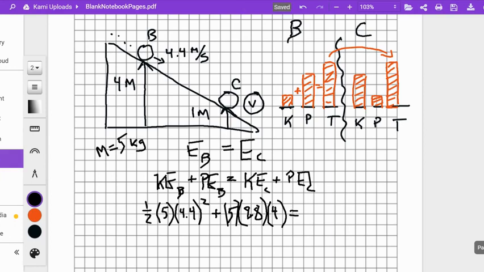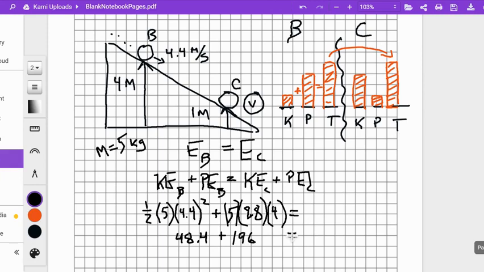Okay, I'm going to do the math on that right now. So 1/2 times 5 times 4.4 squared is 48.4. And on the other, for the potential energy, 5 times 9.8 times 4 is 196.